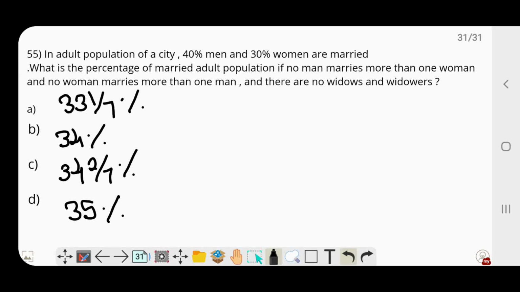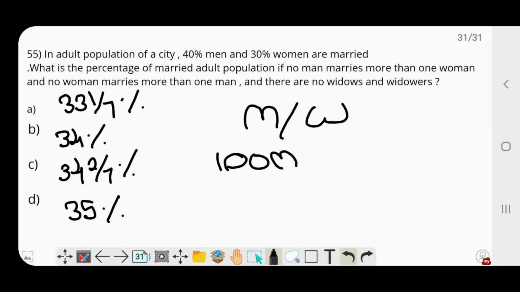So guys, here we have 40 in a marriage. Just a man alone cannot take part, right? A man and a woman both have to take part. So if there are 100 men who are married, then that would also mean that there are 100 women who are married.